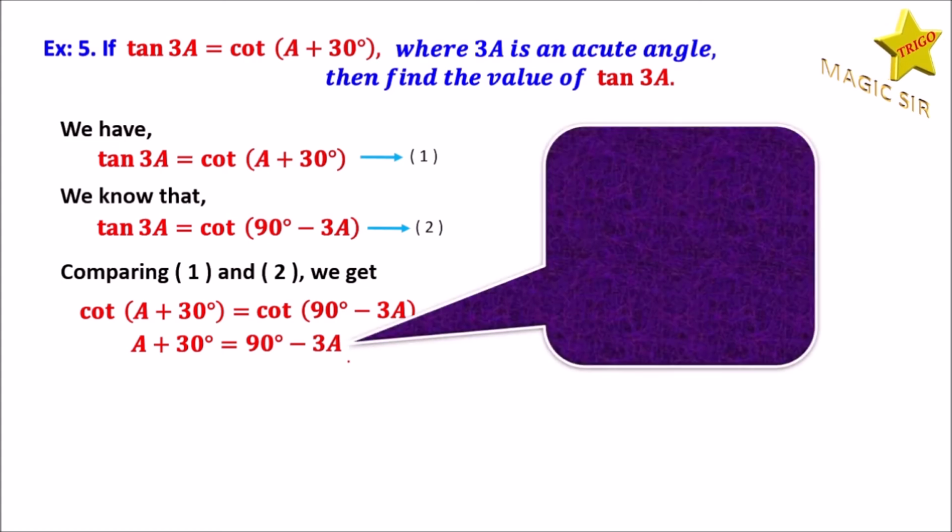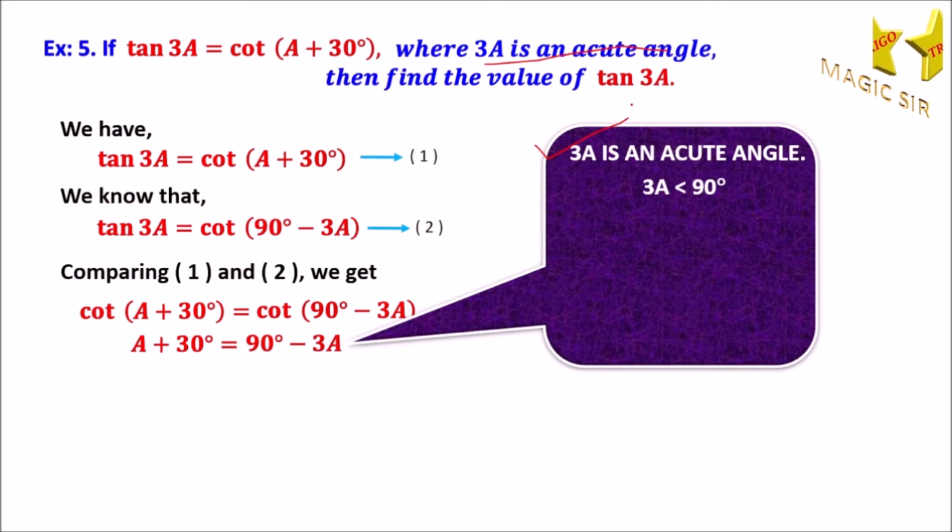Because 3A is an acute angle, so 3A is less than 90 degrees. Dividing both sides by 3, we get A is less than 30 degrees. Adding 30 degrees both sides, we get A plus 30 degrees is less than 30 degrees plus 30 degrees equal to 60 degrees.